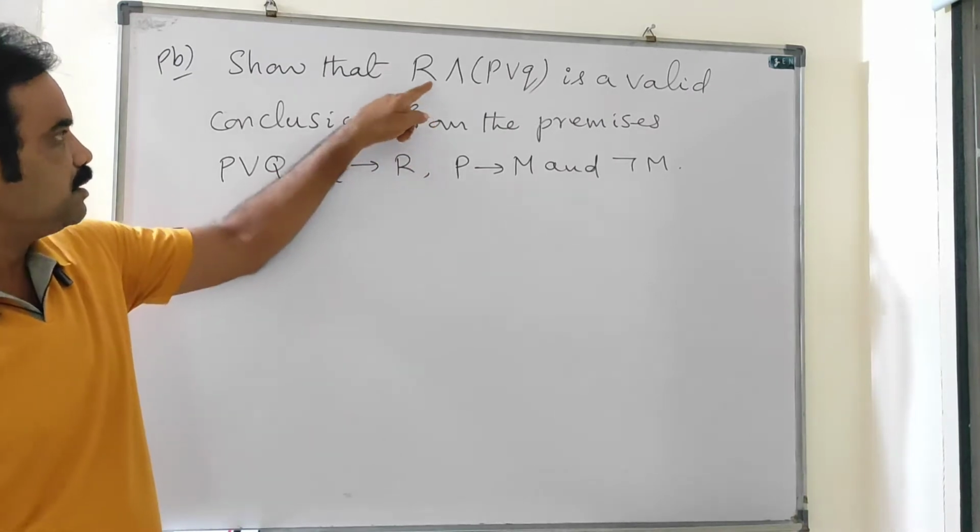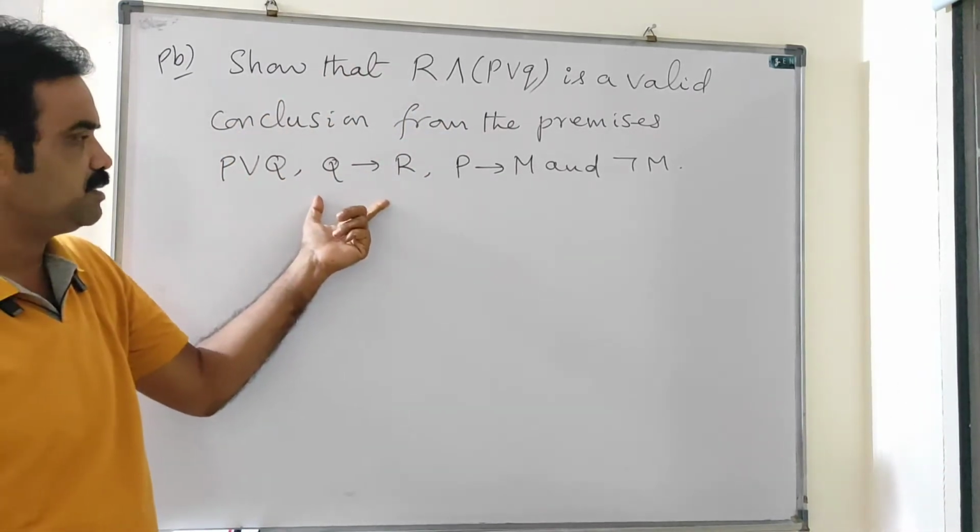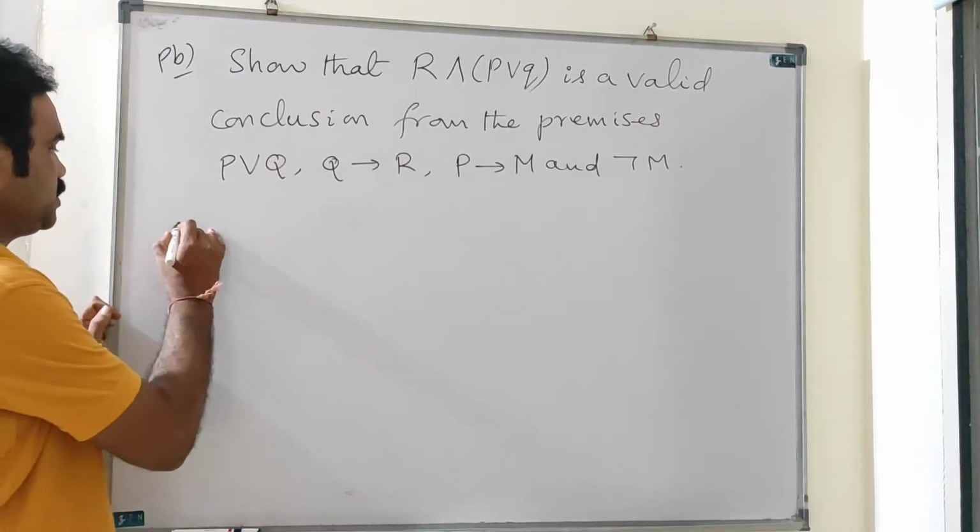That means here R and P or Q is the conclusion. You have to derive it from these premises. See the solution.